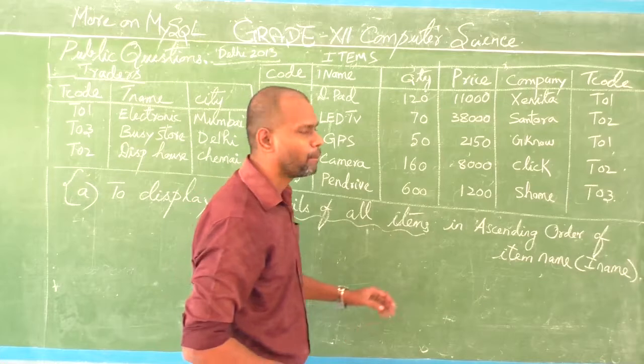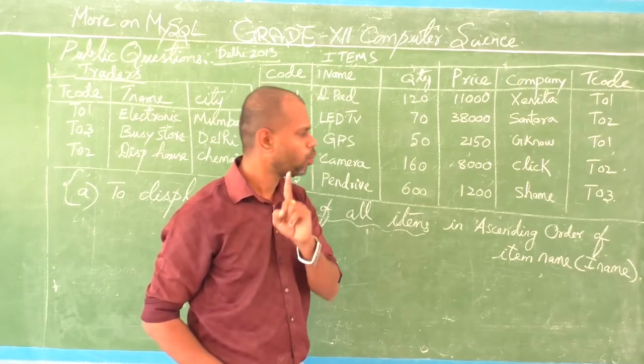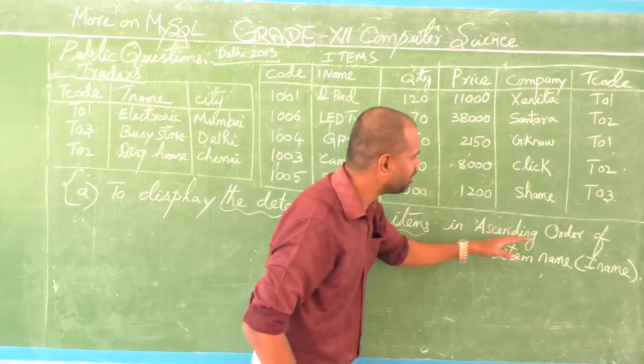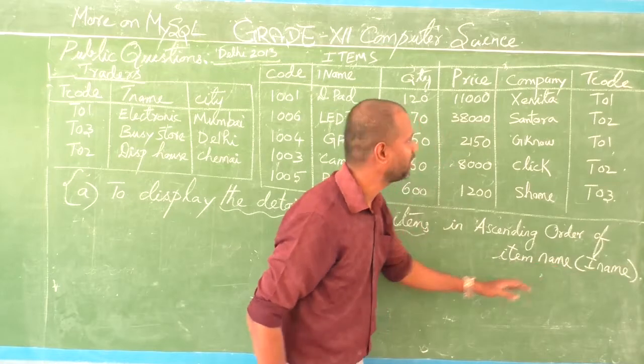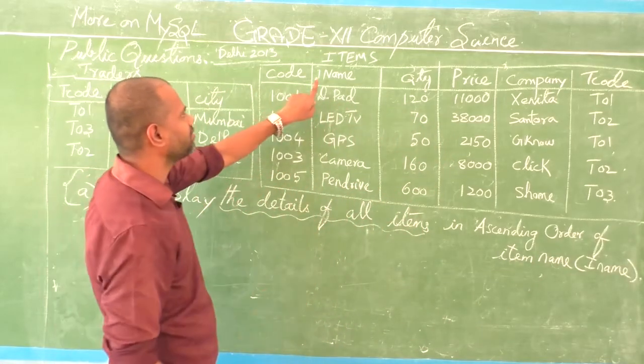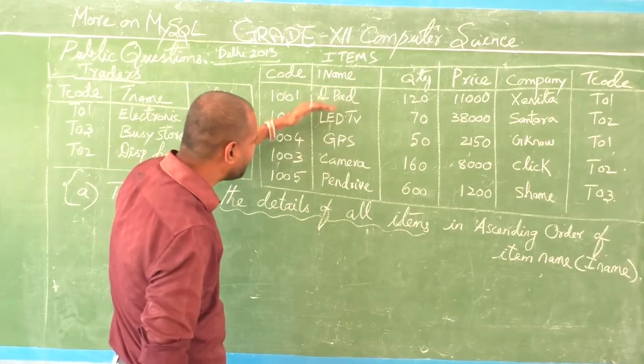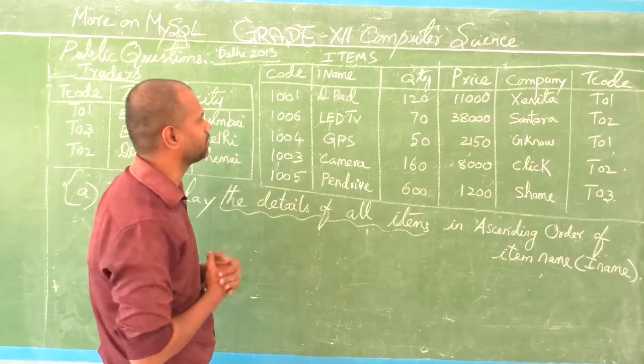But there is one condition: in ascending order of item name. Where is item name? This item name should be in ascending order.